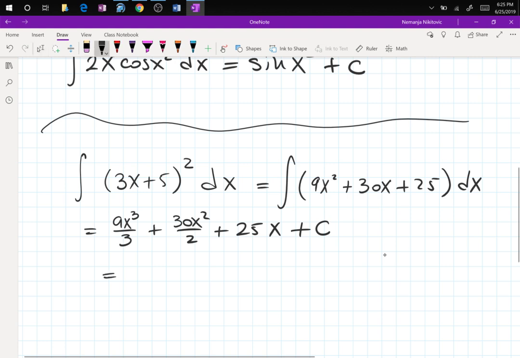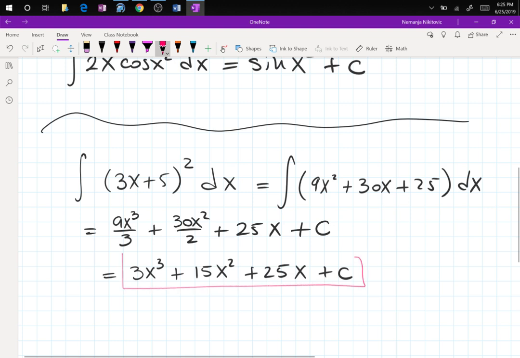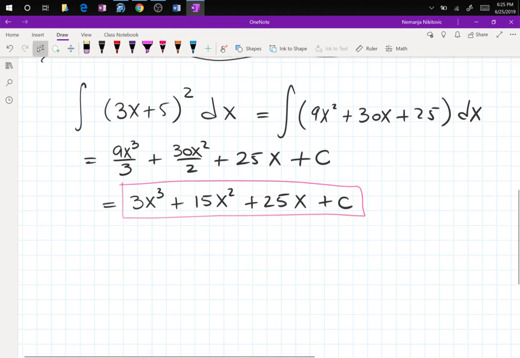Well, 9 divides by 3, nice, so that's 3x cubed plus 15x squared plus 25x plus c. And that will be the answer. Now if you want to, you can go differentiate and go back, factor it, and you will be able to compress it back into 3x plus 5. So not a big deal to solve this problem.